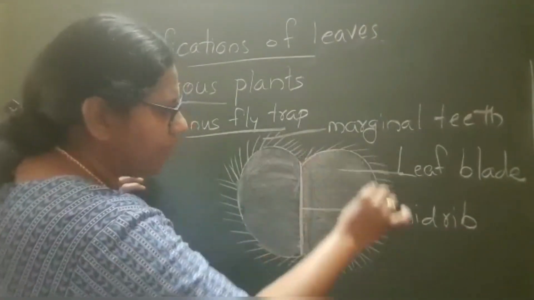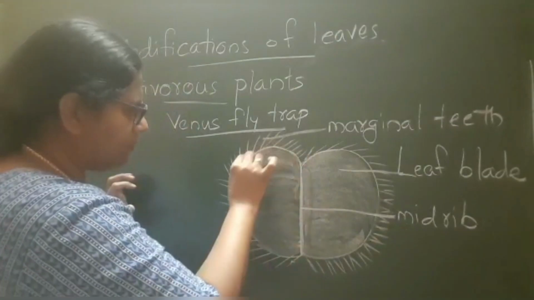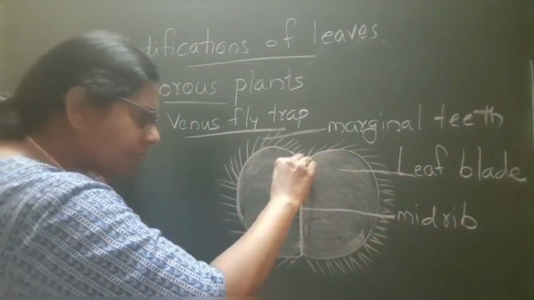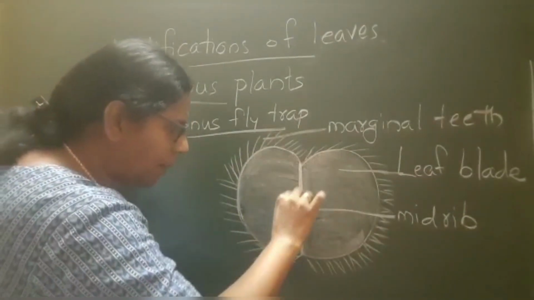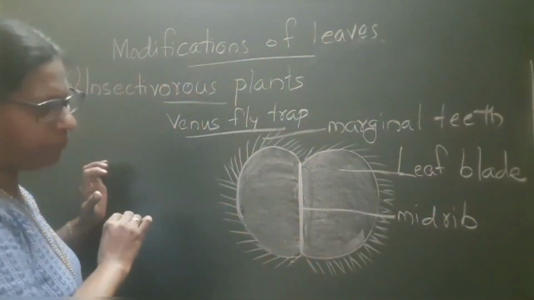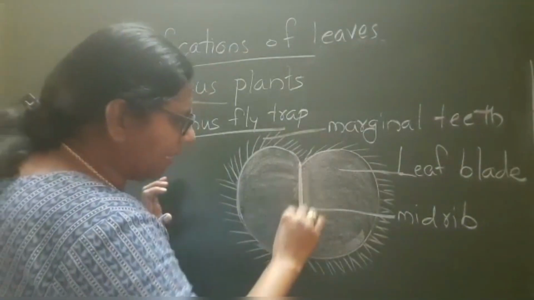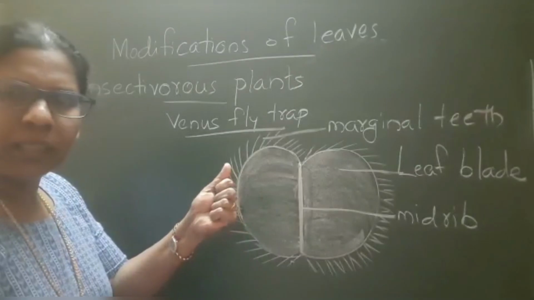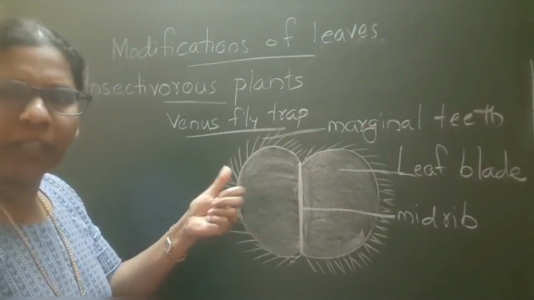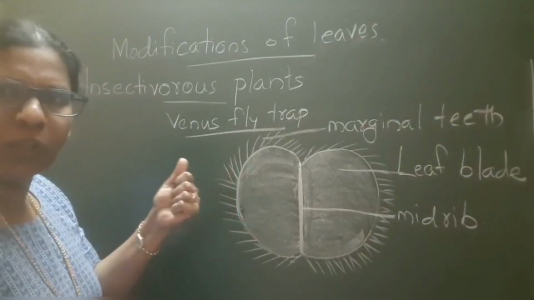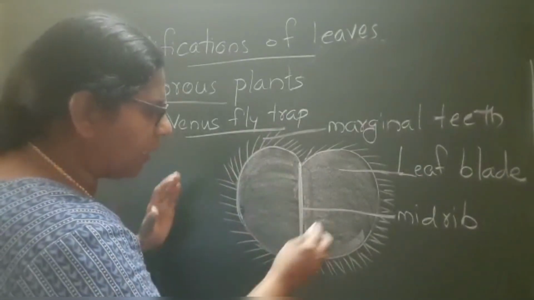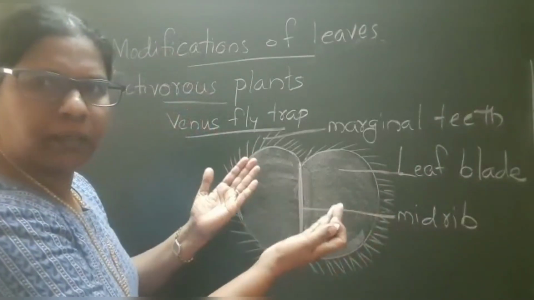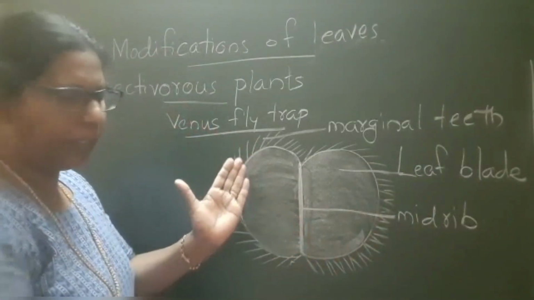And then this is the midrib of this leaf, and it acts like a hinge, like the hinge of a door. It helps to open and close doors, windows and all. In the same way, this will help the leaf blade to close and open, like this.